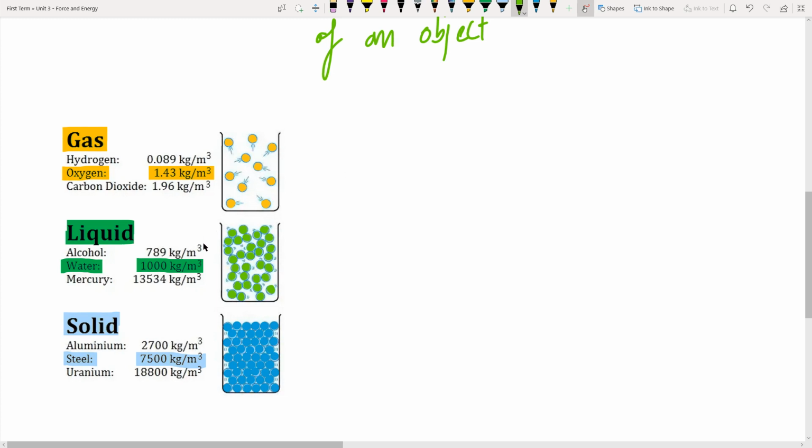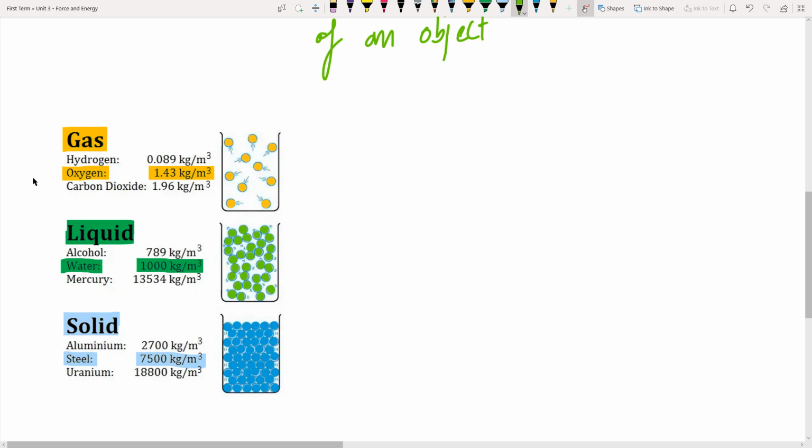Then we have a liquid in which the particles are close to one another, but you still find some spaces in between. So we say it is dense, but obviously not compared to the solids. When you look at the solids, the particles are extremely packed. They're only able to vibrate, and over here we say that the density is very high, or the packing is very high.